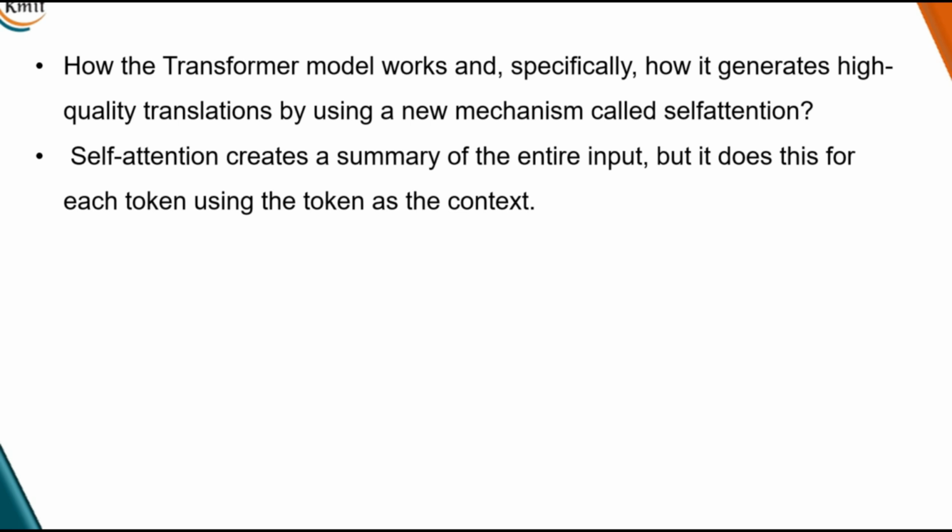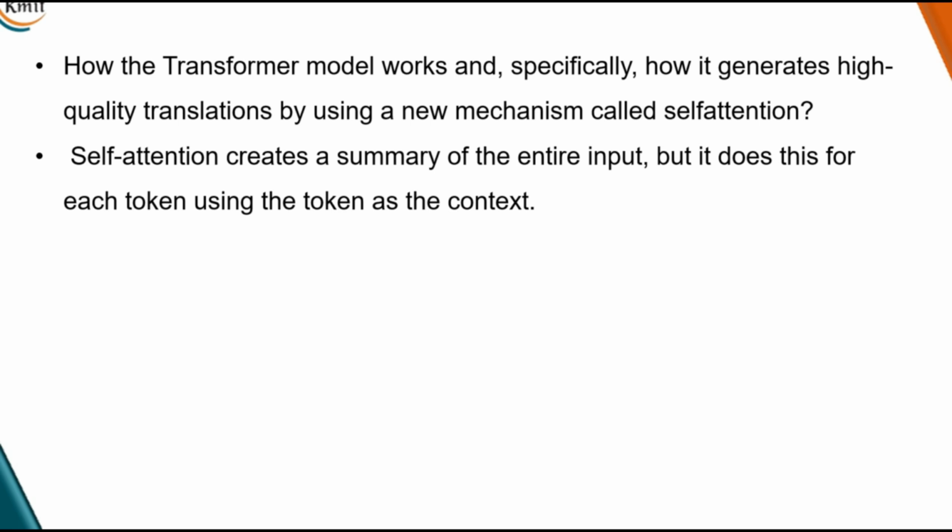We have already seen the attention mechanism. Today I would like to discuss a new mechanism called self-attention. The basic difference between attention and self-attention is that the attention mechanism generates the context dependent summary for the entire input.